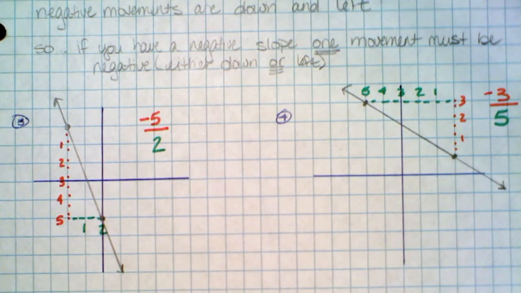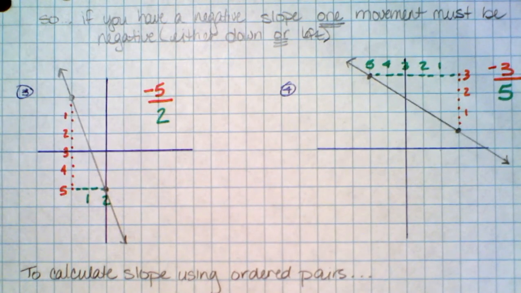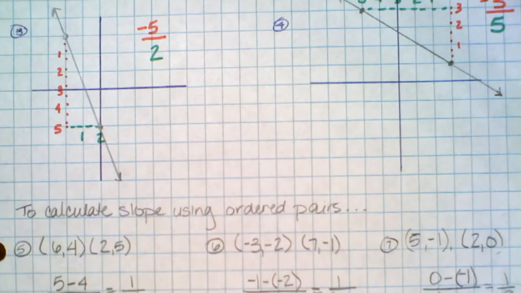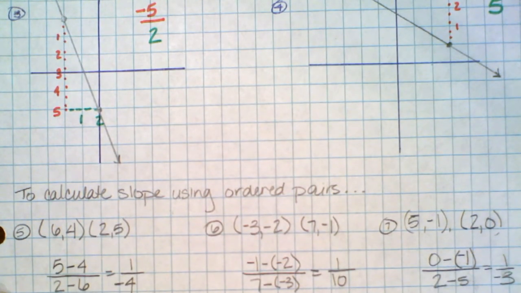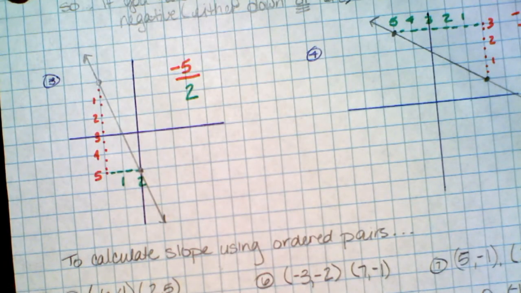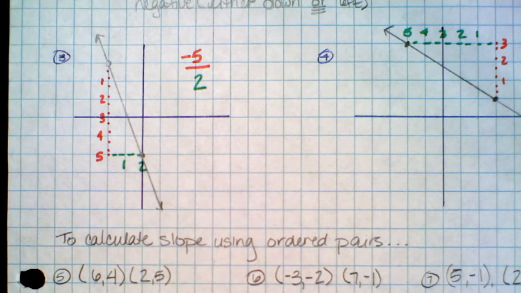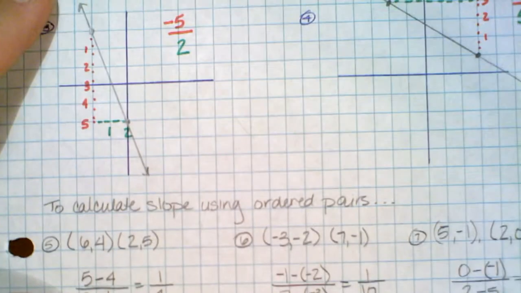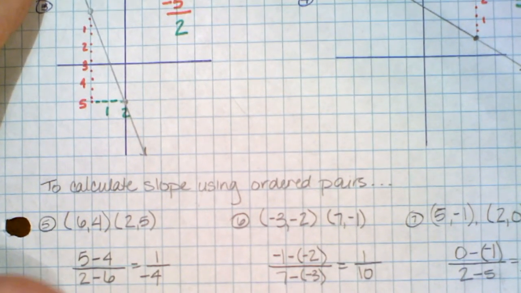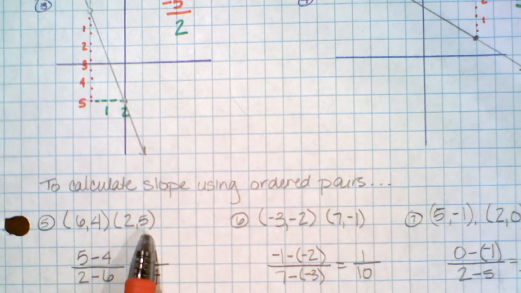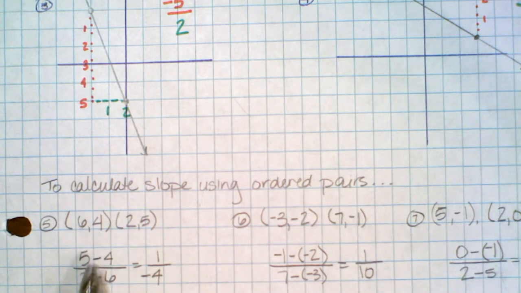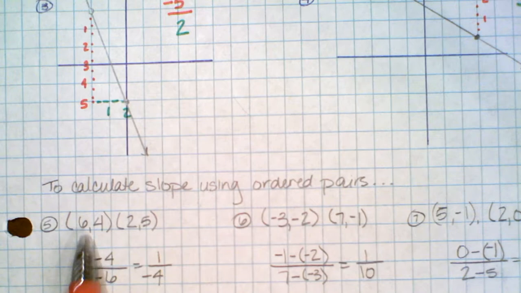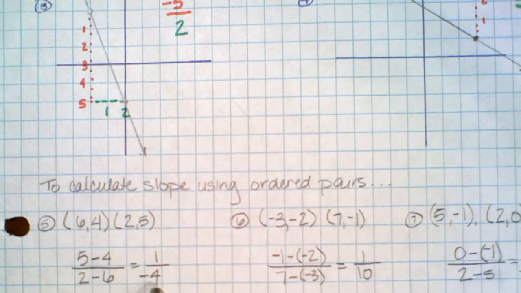Okay, so how do we calculate slope using ordered pairs? Here's a set of ordered pairs, example number 5, and we take our y2 minus y1, so 5 minus 4, and I write that in the numerator, over our x2 minus x1, which would be 2 minus 6, which would be -4. So 1 over -4.